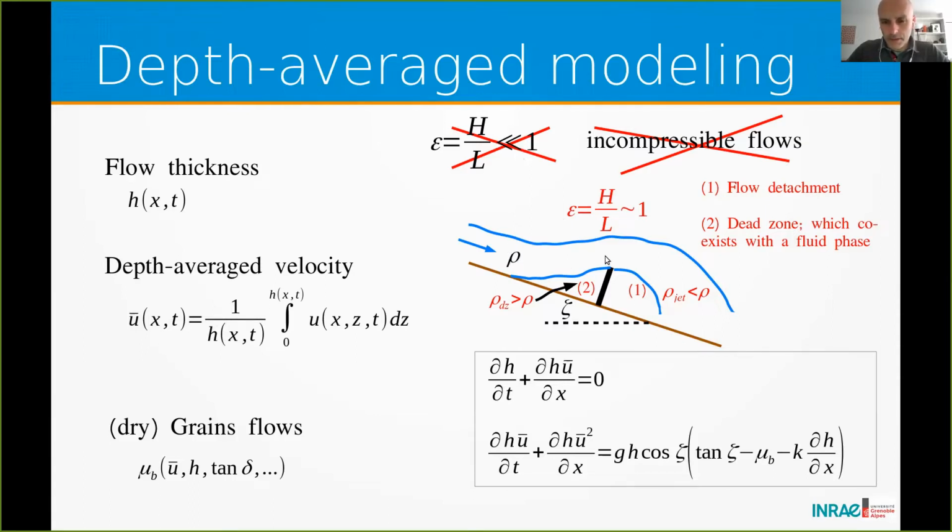Also, when the flow impacts the wall, you have some complicated processes, like the formation of a dead zone upstream of a wall, or the flow detachment, so the formation of a jet upstream of the wall. And the density in the dead zone area can be much higher than in the typical incoming flow condition. And also in the jet, it can be much lower than the typical incoming density. So for all these reasons, the initial assumptions of the depth average model are not respected.